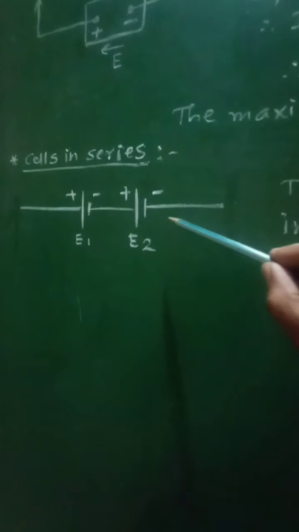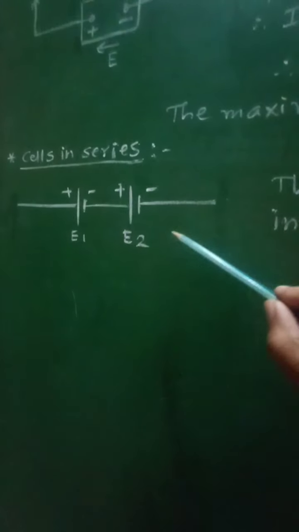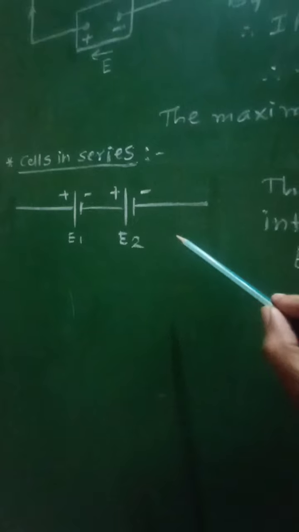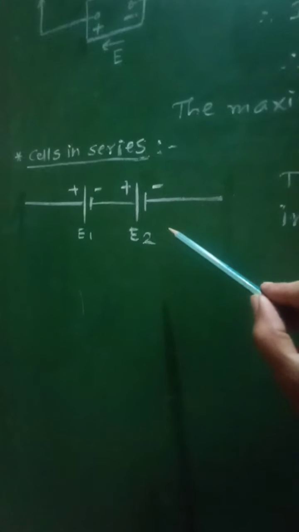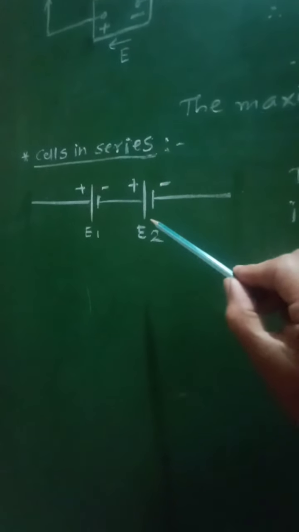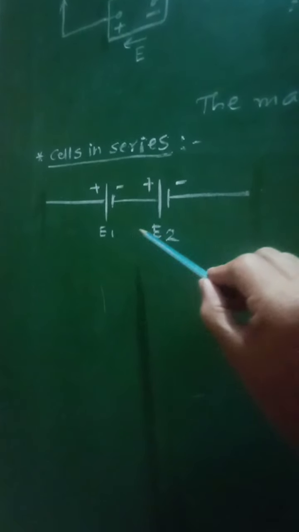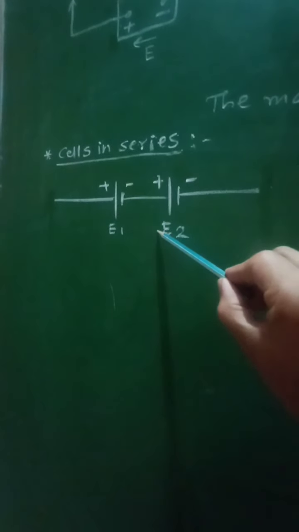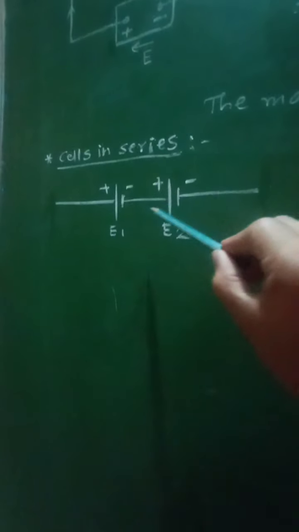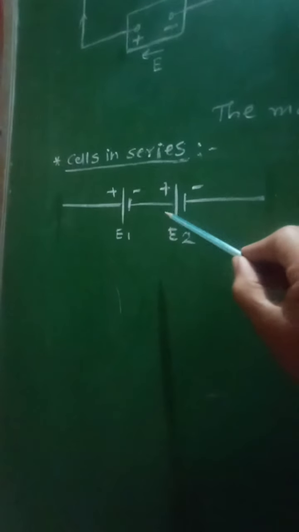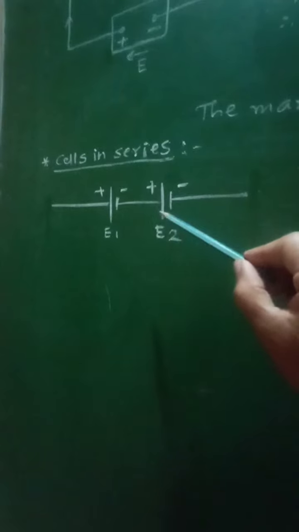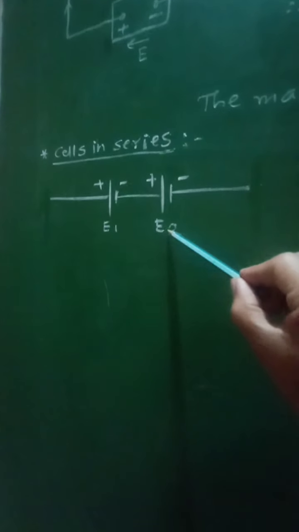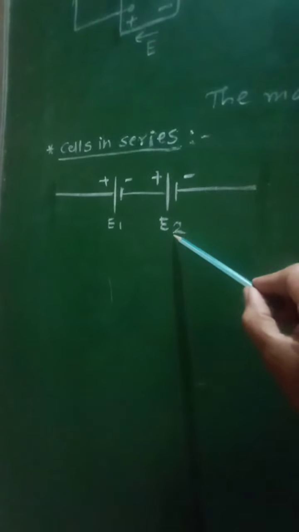The terminal potential difference of this series combination of the cells is equal to the sum of the voltages of the individual EMFs in series. That is, when the cells are connected in series, the total or equivalent EMF of this combination will be equal to the sum of the EMFs of the individual cells.